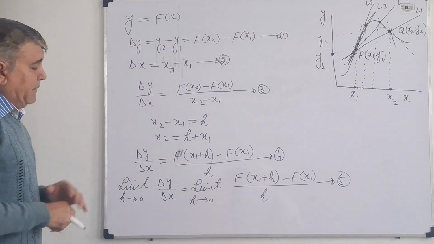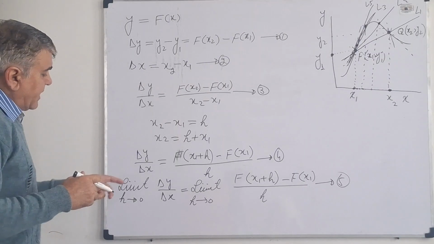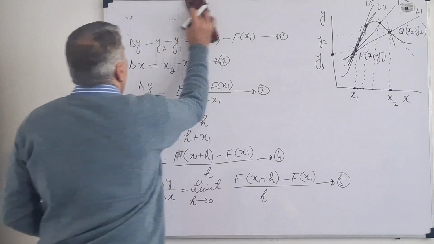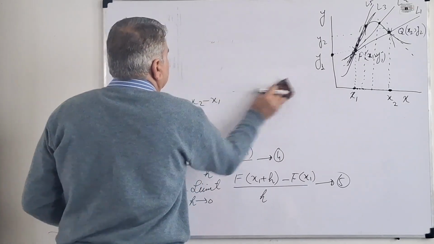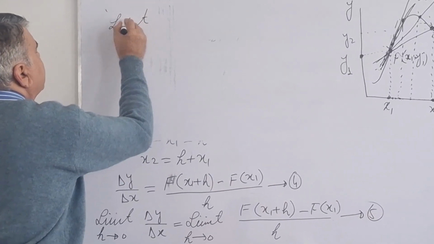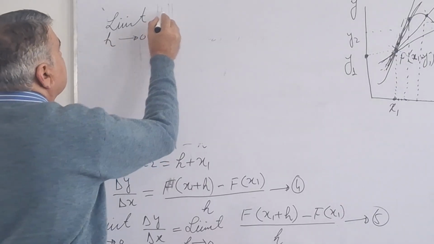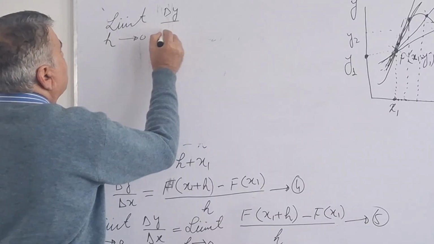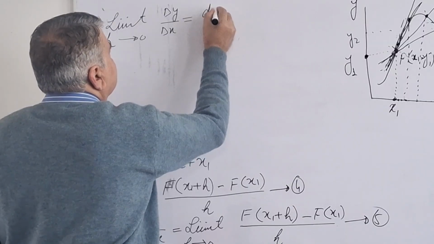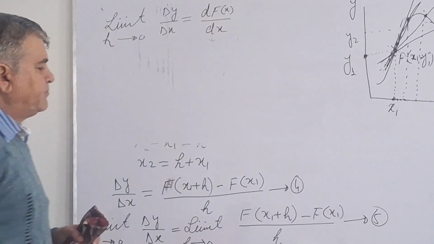Therefore, being ubiquitous and very important, the left side of equation 5 is redefined, and it is written in the form limit h tends to 0, delta y over delta x, usually written as df of x over dx.